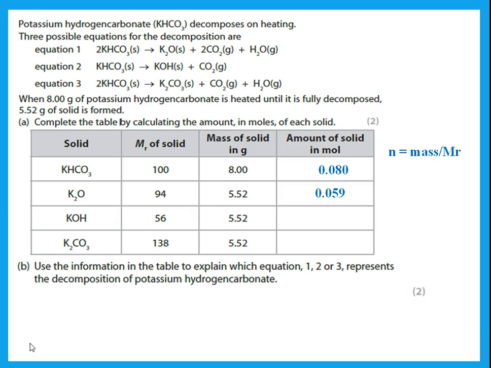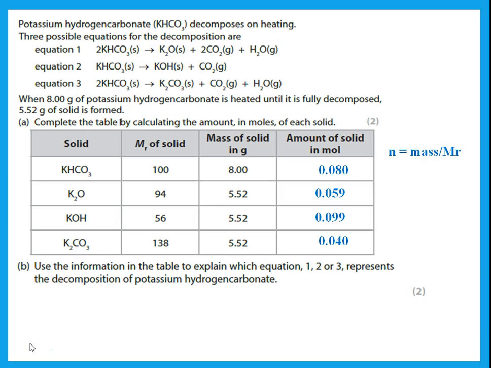If it is supposed to be KOH, then I divide by the molecular mass of KOH to get the number of moles. But if the 5.52 grams are actually K2CO3, then I need to divide it by 138 in order to get the number of moles.